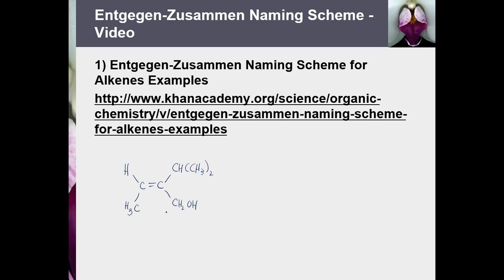So, we will assign the E-Z configuration to the compound. So, anong strategy natin dito? Is first, yung ating ititreat natin siya as separate. This carbon is separate from this carbon. So, the left-hand carbon, meron siyang hydrogen and CH3 substituent.